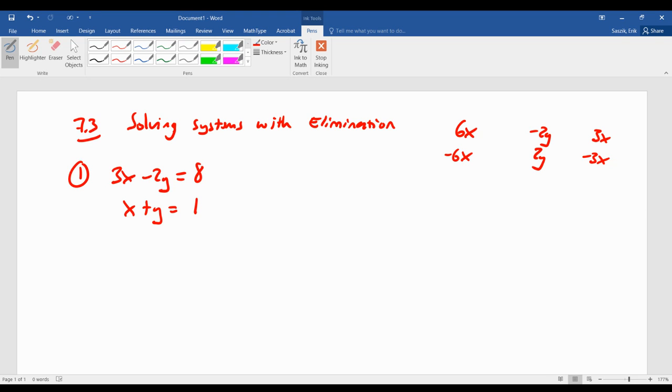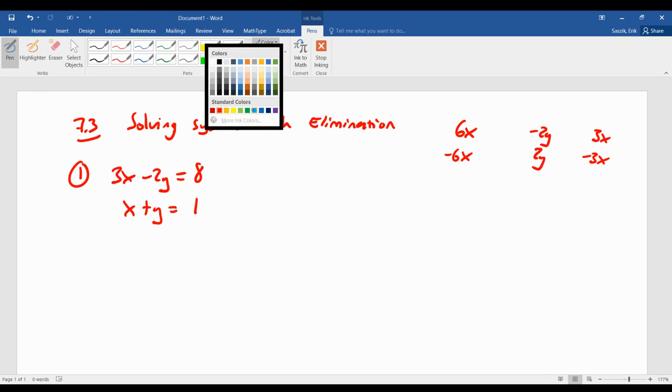What I want to do is create an opposite pair of x's or an opposite pair of y's. Take a look at this. You see how this is 3x? We would want this to be negative 3x, and that would be an opposite pair. Or you see how this is negative 2y? We would want this to be positive 2y. So let's change this to a positive 2y.